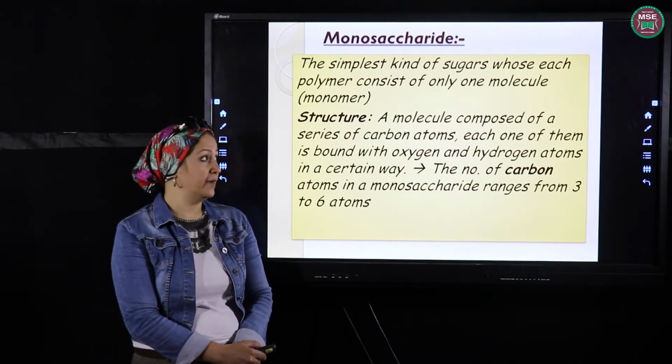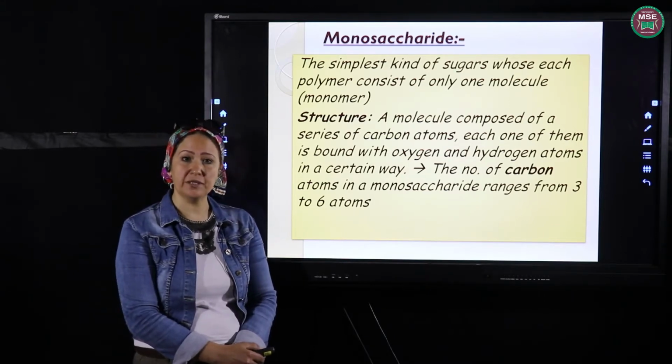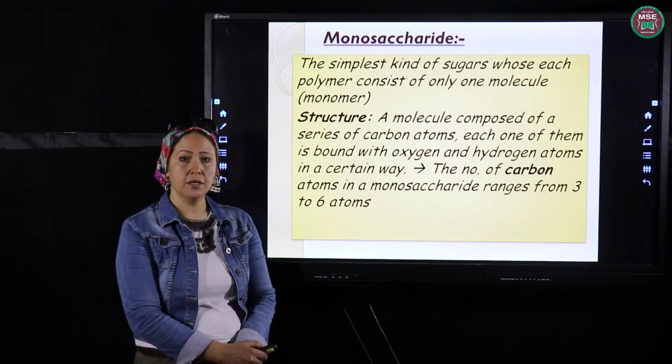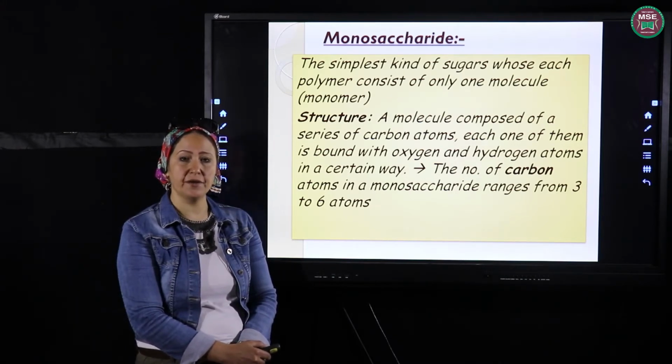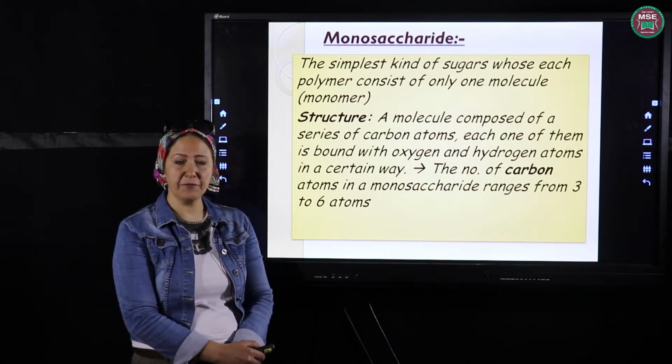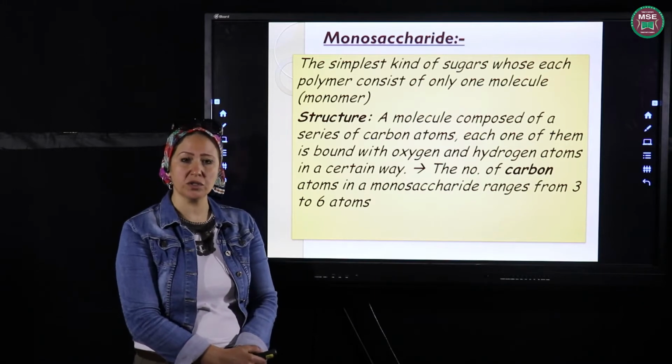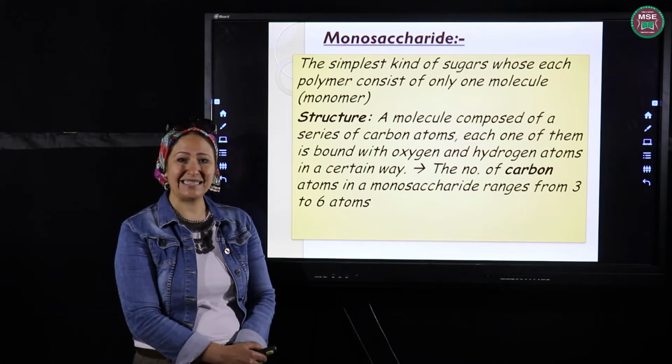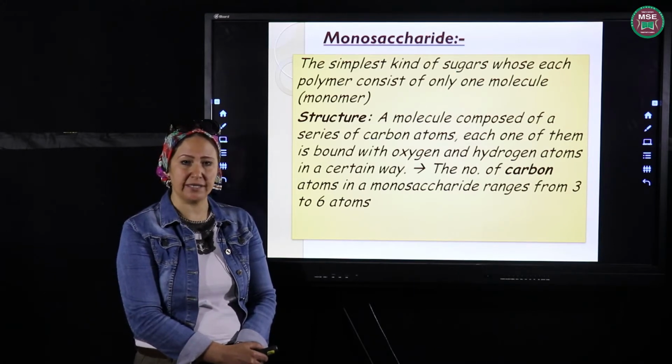Okay? We have another point which is very important in the monosaccharides. All the monosaccharides contain carbon atoms ranging from 3 to 6. For example, glucose, which is one of the carbohydrates, has the chemical formula C6H12O6.